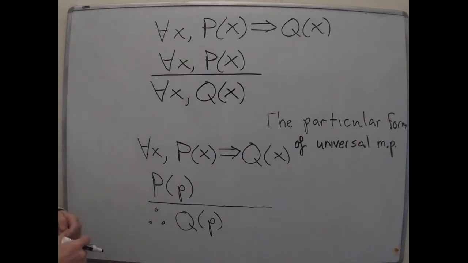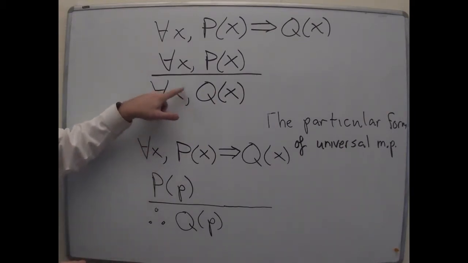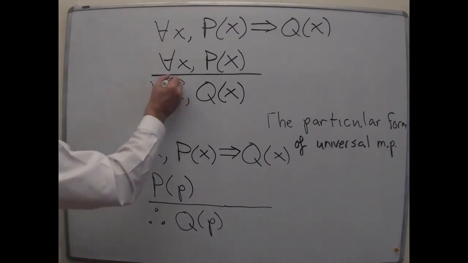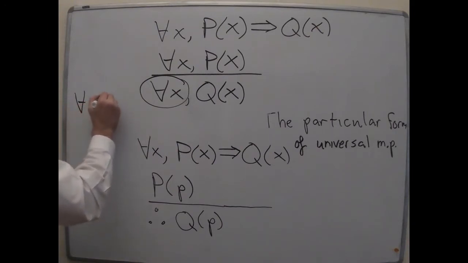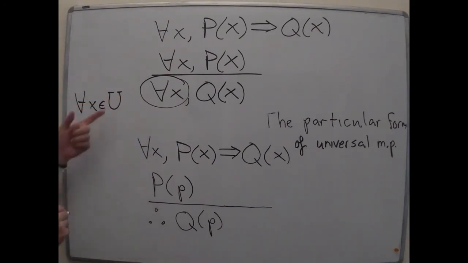I've just noticed I'm falling into a shorthand that I sometimes do, which is to think that the universe of discourse where we're doing this argument in is sort of understood. It's just in the background. If you don't like that, and some people don't, these for all x's should really be for all x's in U. You should really write something like for all x in the universe, Q of X, and all of them the same way.